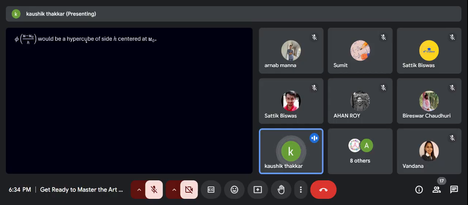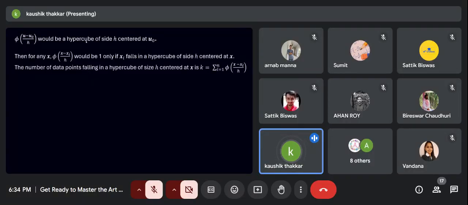So if we do a scale and origin shift, phi of (u minus u naught) upon h would be nothing but a hypercube of side h centered at u naught. We are just changing the origin and the scale to get a hypercube of a particular side length h and a center u naught, right?